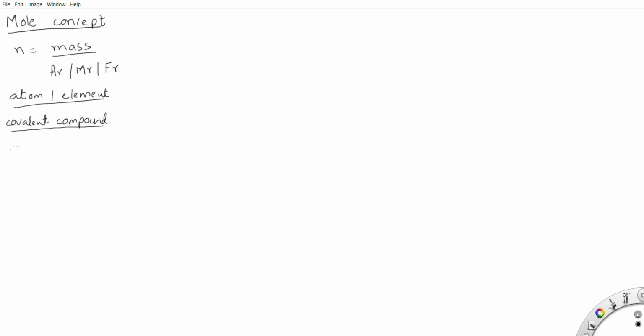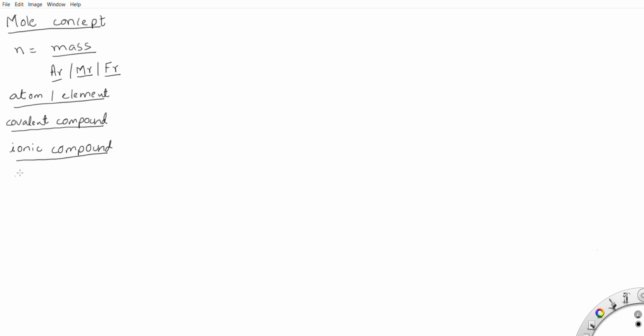If the question relates to an ionic compound, then we can use formula mass or relative formula mass. And all these three can be calculated using the periodic table. We have attempted certain questions related to the above formula.